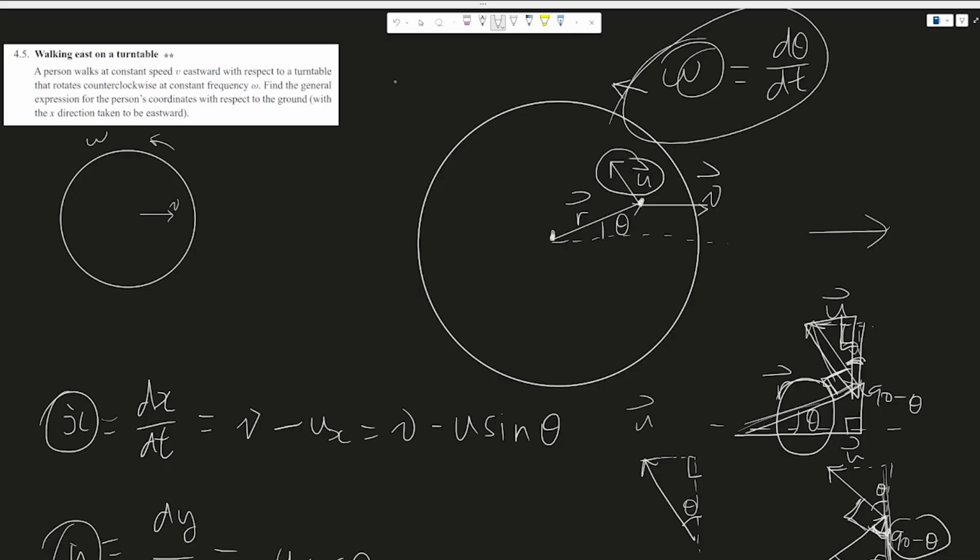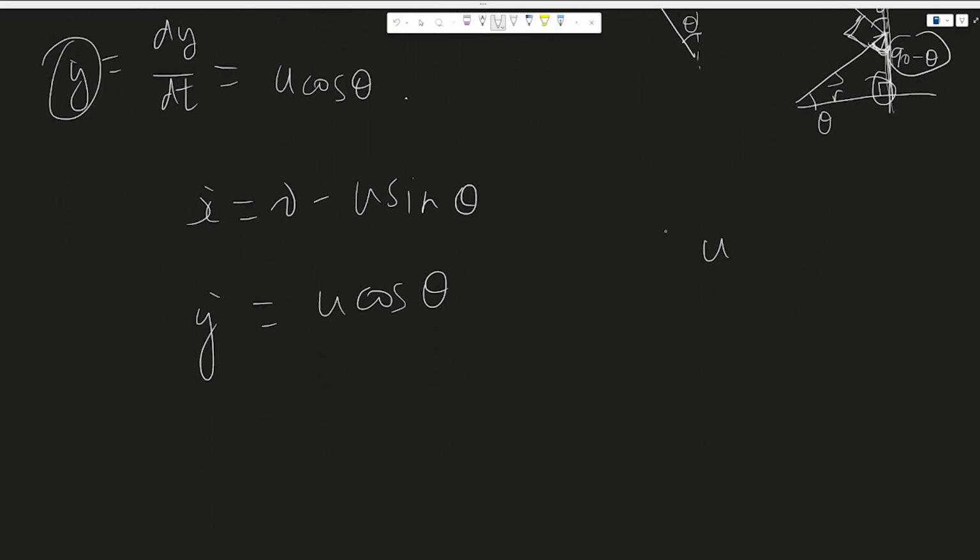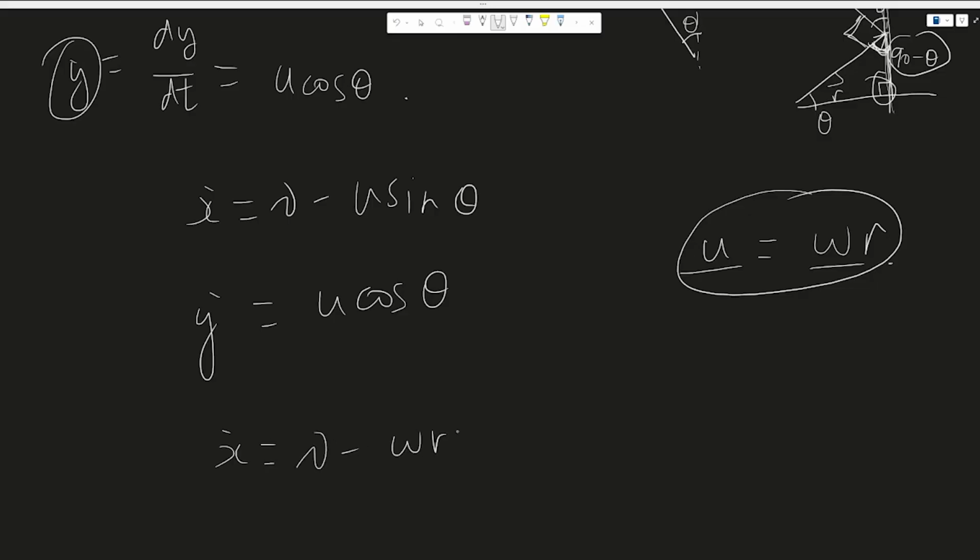So u is the tangential velocity, and omega is the angular velocity. How do we relate these two? We can relate them by the formula u equals omega r. This is the relation between angular velocity and the translational velocity. Now let's rewrite these expressions. x dot becomes v minus omega r sine theta, and y dot equals omega r cosine theta.